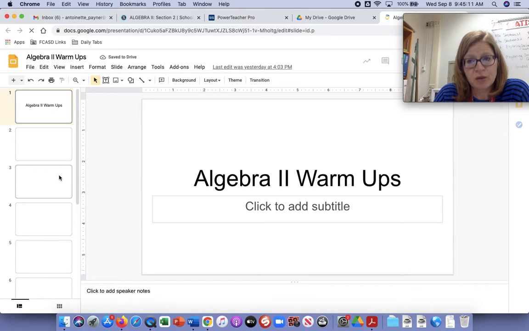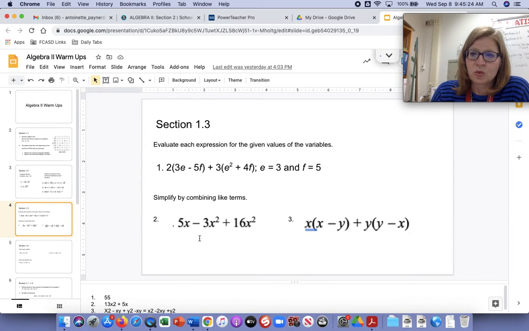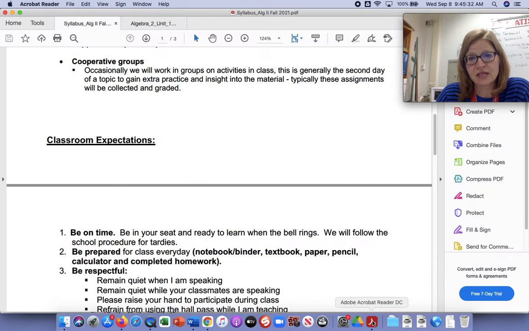It's a problem from the prior day's lesson. I try to circle the room when they're working on it, and then we'll go over the answers. After the warm-up, I answer any questions that they might have on the homework. Then we take the homework quiz, and then we'll do the lesson.